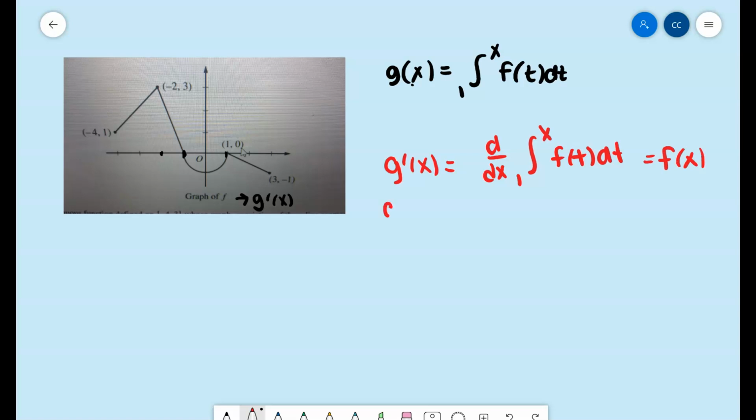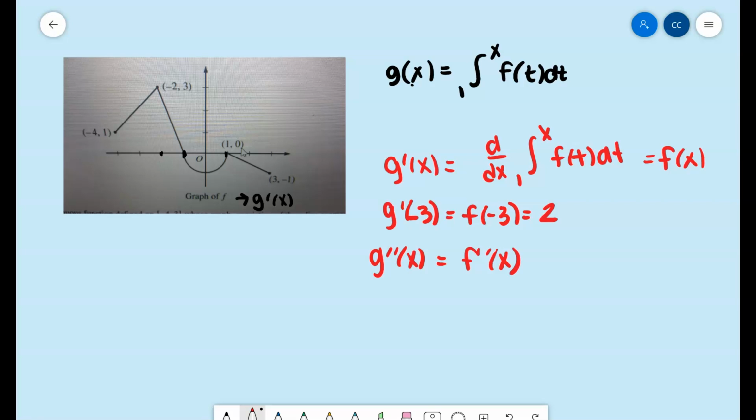So g prime of -3 is the same as f of -3. If we go over here, f of -3 is 2. So g double prime of x would be like f prime of x.